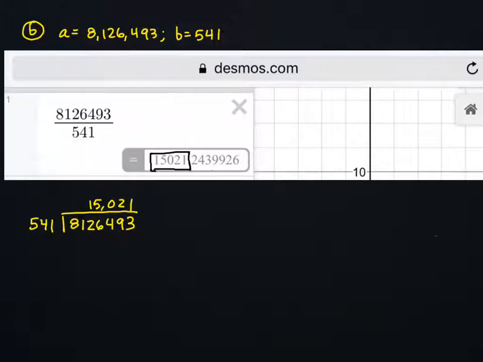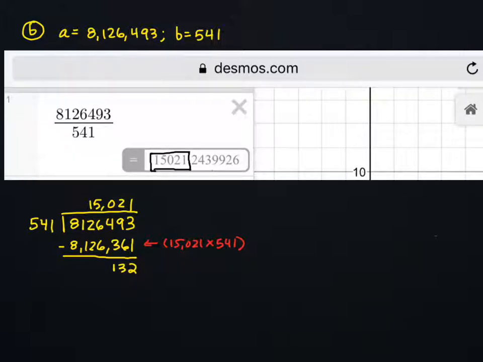So what I need to do to find the remainder here is to simply multiply 15,021 times 541 and subtract that product from the original number. So when I multiply those two together, I'm going to get 8,126,361. And then when I subtract these numbers, I'm going to get 132.